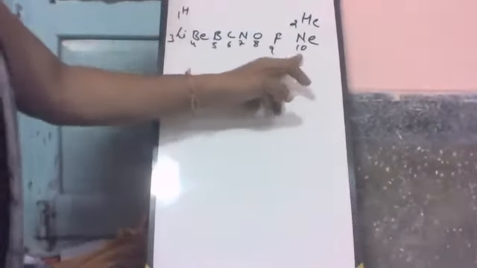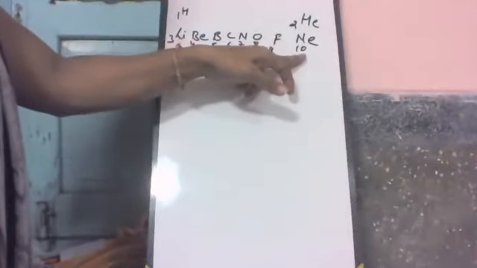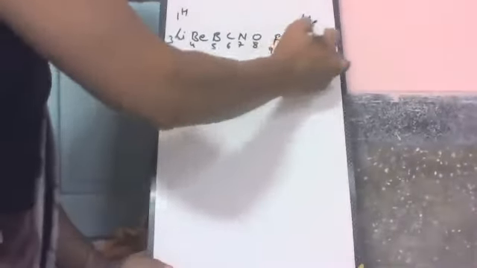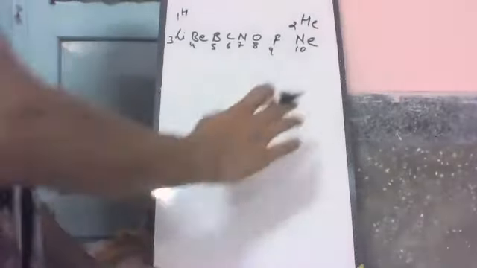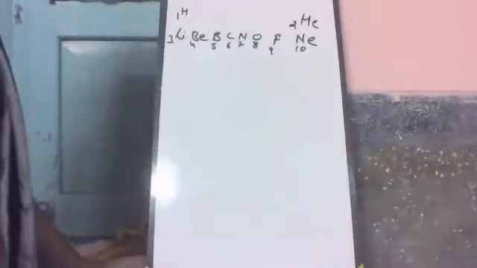The second shell completes at neon: 2 electrons and then 8 electrons. The second shell is completely filled at neon gas. Due to the completely filled orbit, they are inactive. They do not take part actively in chemical reactions.